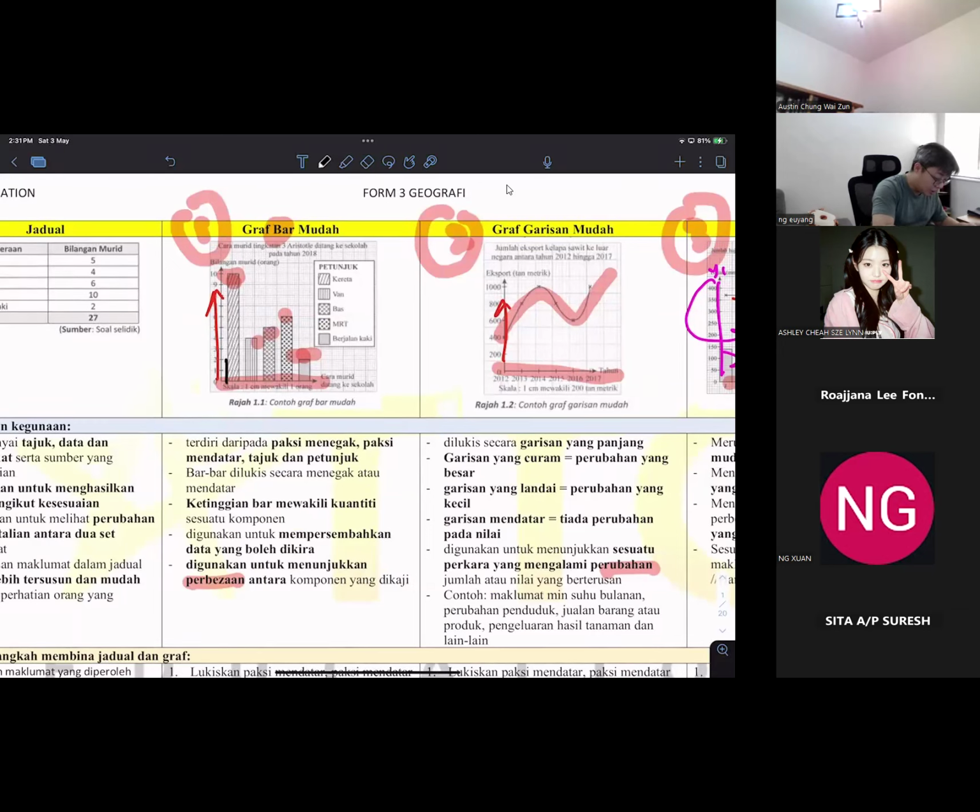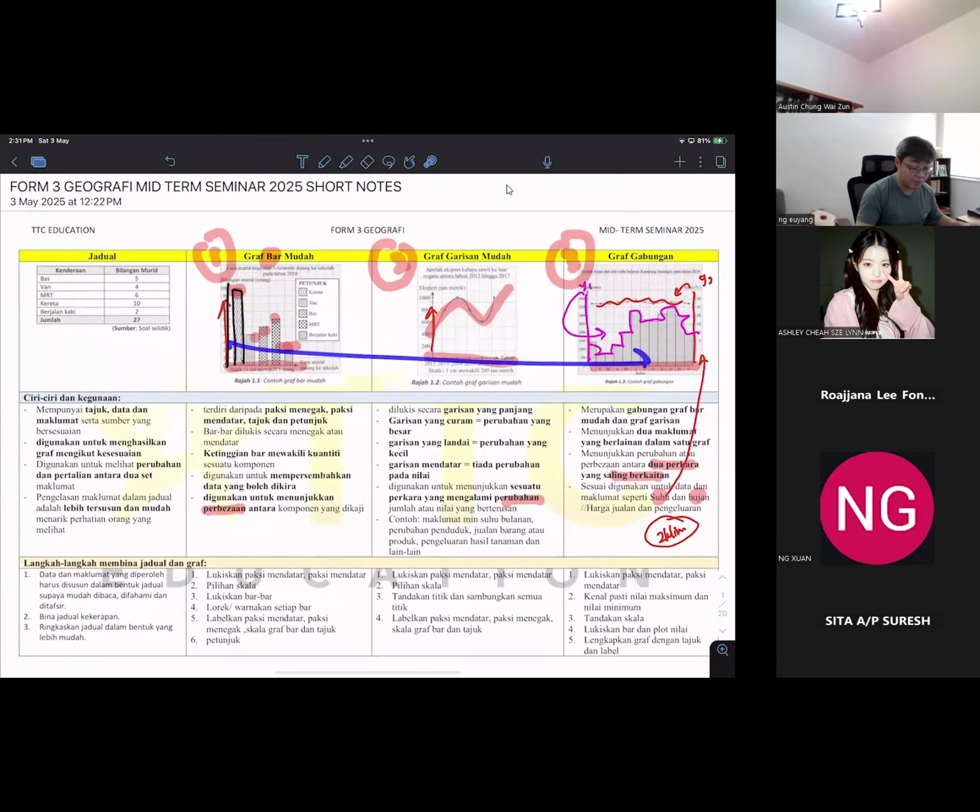So that's why your graph bar is going to have space in between from your paksi Y. So paksi Y and your graph bar is not going to connect together. We have some spacing here. But when we are trying to draw the graph bar within your graph gabungan, the graph bar within your Y1 is in contact with your paksi Y, which is your Y1. Is contact, which means stick to each other so that we can try to fit in most likely your bulan-bulan for all the hujan. Understand?